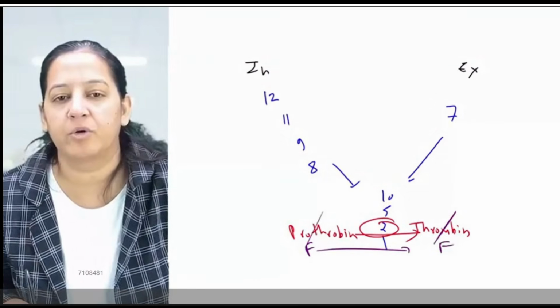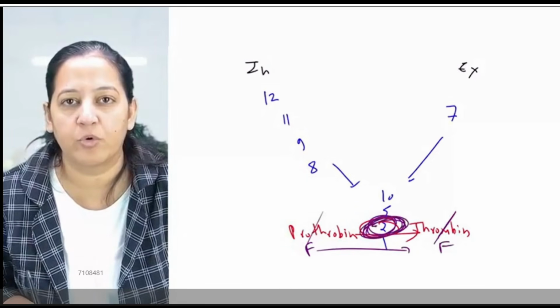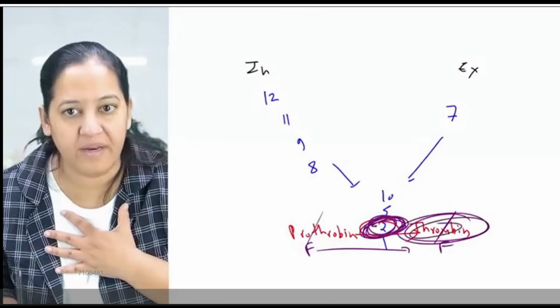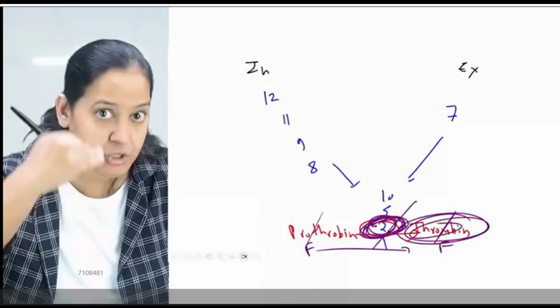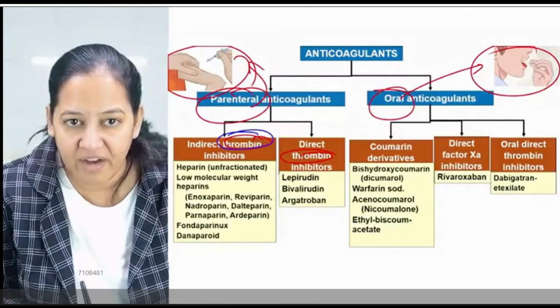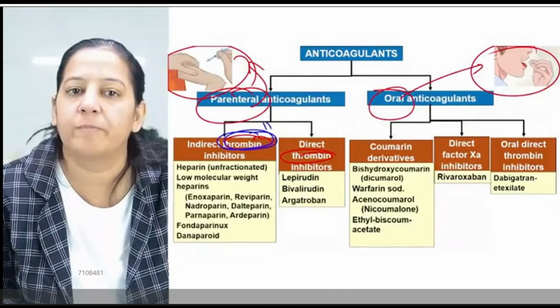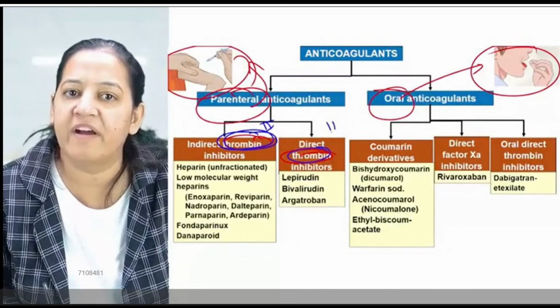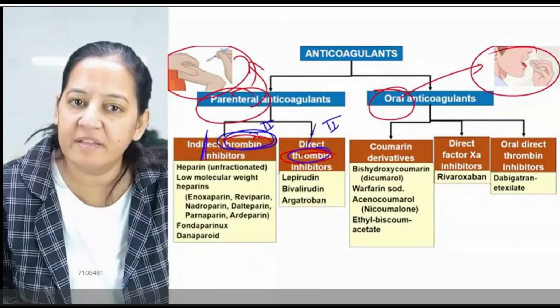So this is factor number 2. Appreciate, this is factor number 2. If I say thrombin, I mean factor 2, and you can see it is needed in the last step. These are the ones that inhibit factor 2, and these are the ones that also inhibit factor 2, but one is an indirect inhibitor and the other is a direct inhibitor.